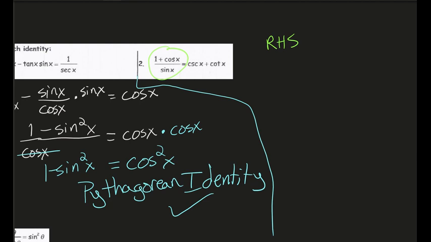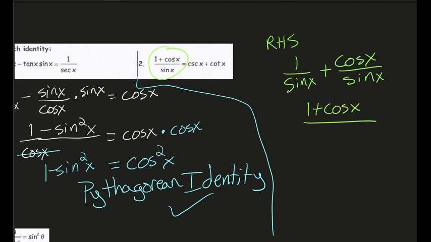So, cosecant of x is 1 divided by sine of x. Cotangent of x is cosine of x divided by sine of x. Since they have a common denominator, we can combine them. Now, since this is the same as the left-hand side, we have proven that identity.